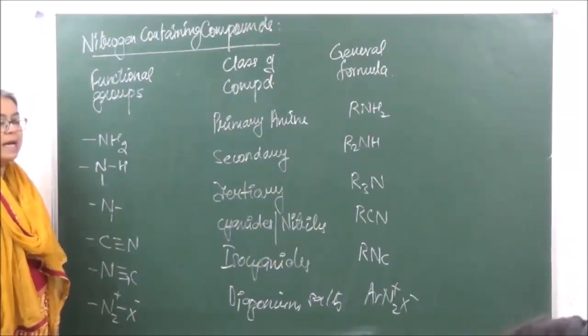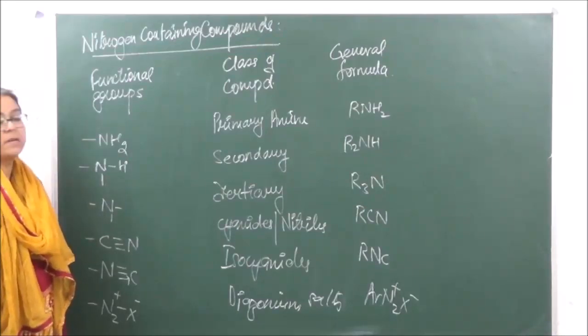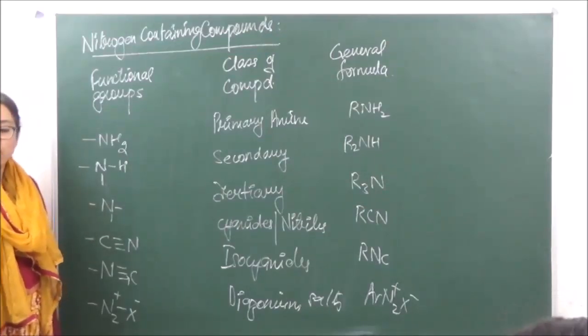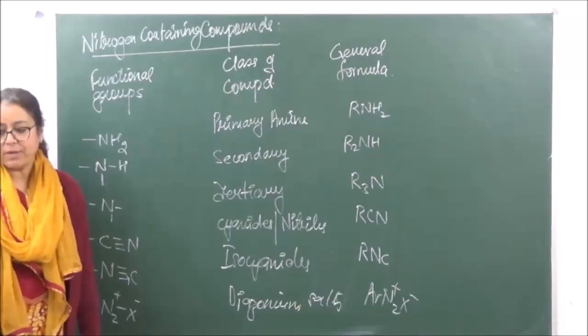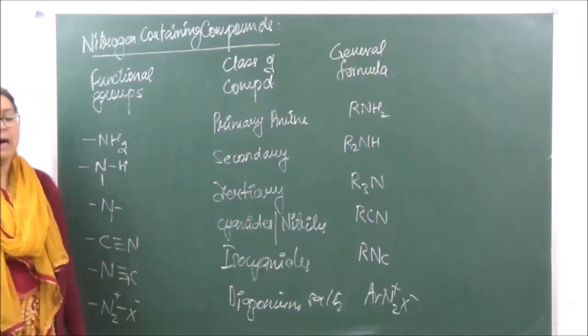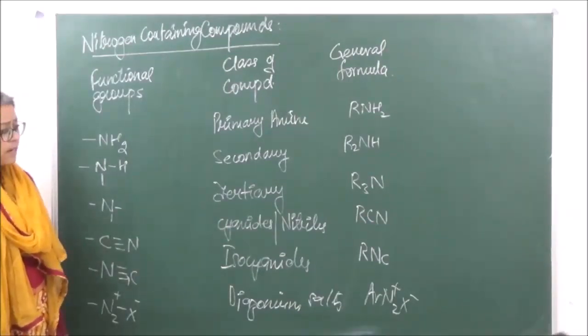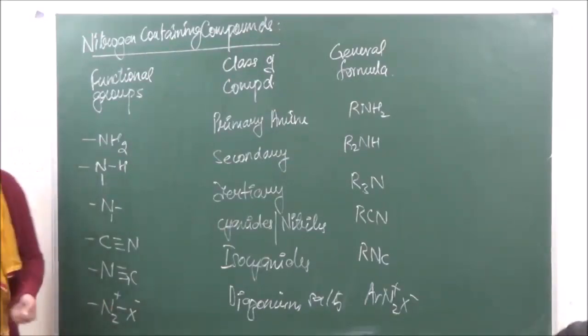These are generally known as aromatic diazonium halides. Okay, so all this we are going to study in this chapter. Let's go on to the first part of this chapter. In the first part, we will only study about amines. Okay, so let's go on to amines over here.